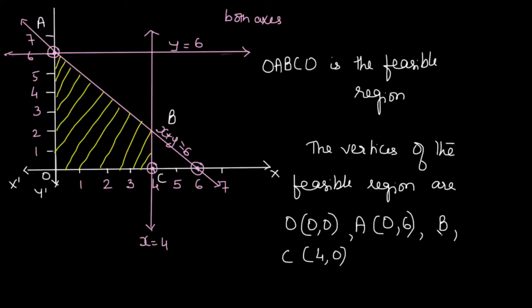Now how to find B? For finding B, we notice that B is the point of intersection of these two lines. B is the point of intersection of x plus y is equal to 6 and x is equal to 4. And therefore, we use this to find the coordinates of B. So let us write this fact over here.